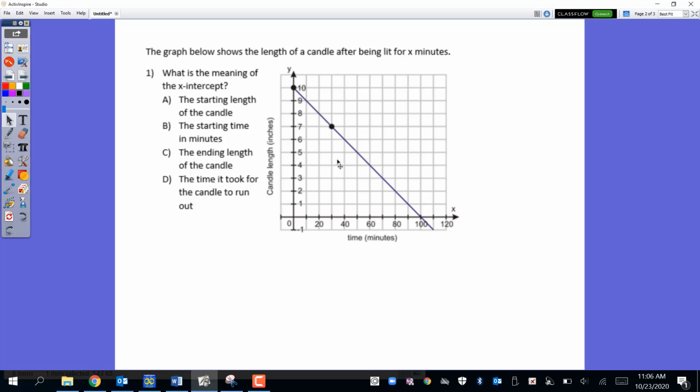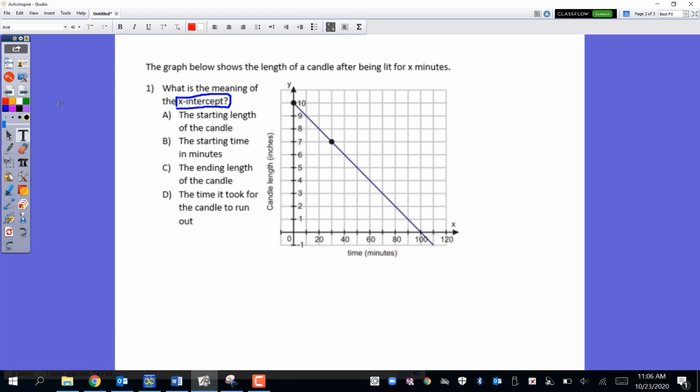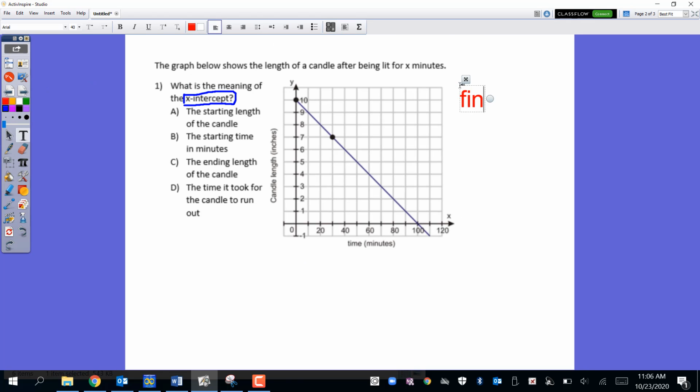This graph shows the length of a candle after being lit for x minutes. And number 1 says, what is the meaning of the x-intercept? So what are they asking for? The x-intercept. So I'm going to look back at my notes. X-intercept means finish, ends, or runs out. So I'm going to type that just so I don't forget. Finishes.